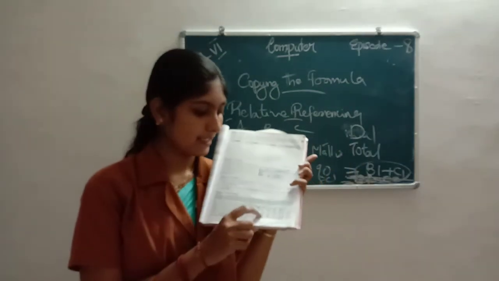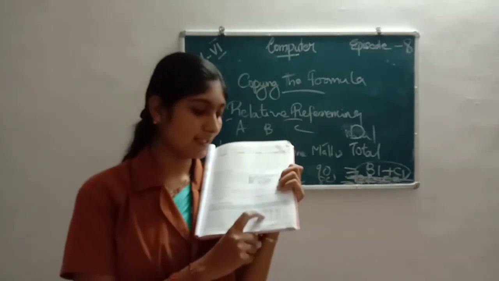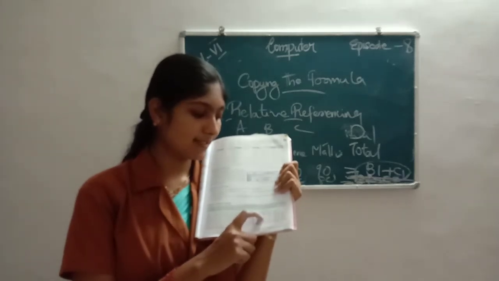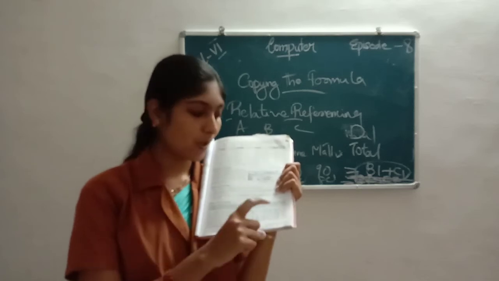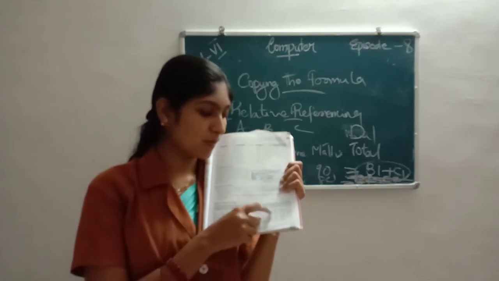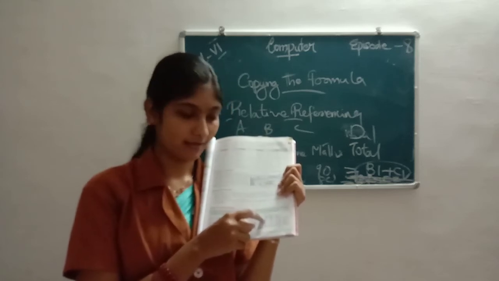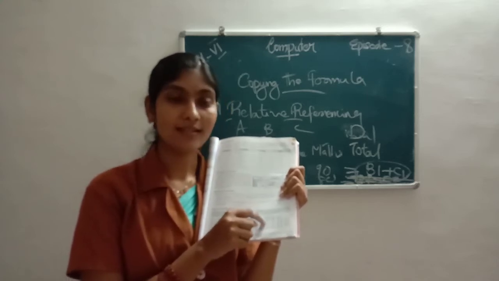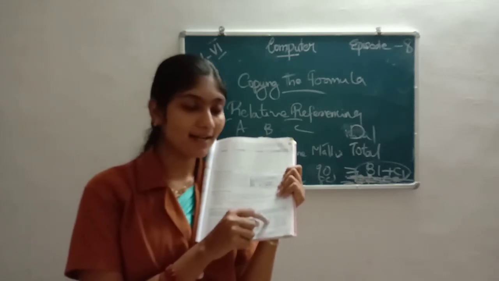So here, look at the table. There are names of some students and also their marks in science and maths. Arun got 56 in science and 78 in maths, so the total is 134. The equation here is equal to D2 plus C2. D2 is the address of the science mark, which contains 56, and C2 contains 78.